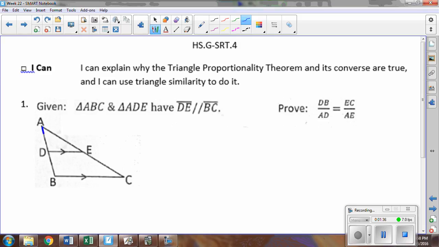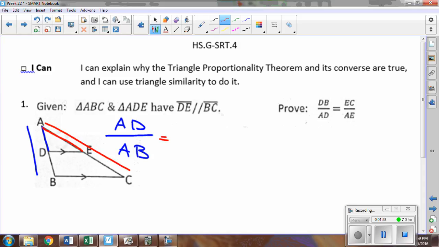For instance, taking left paired with left, we were able to create a proportion of AD compared with AB, left side compared with left side, matching that with right side with the right side, and so we have also been able to create proportions like this.